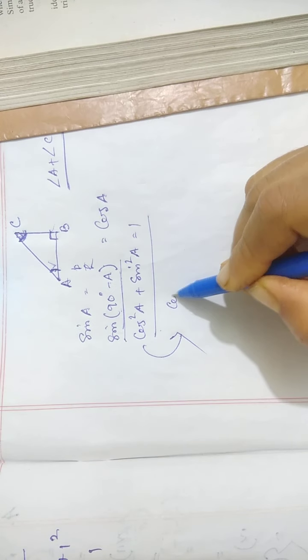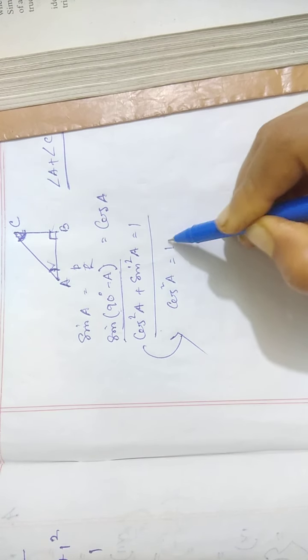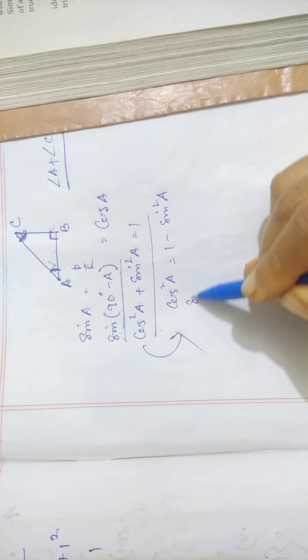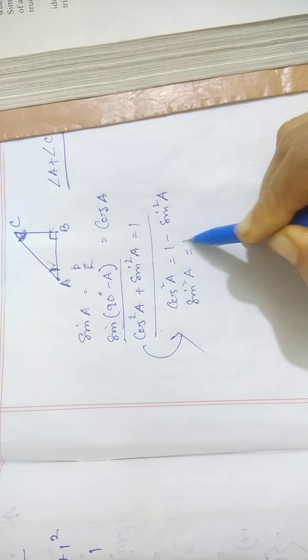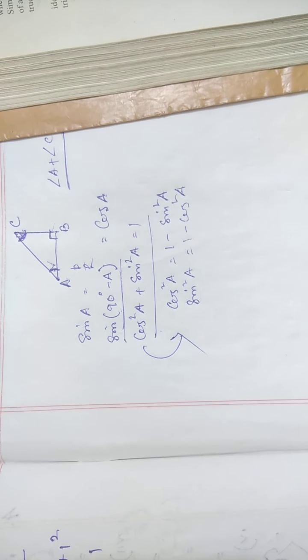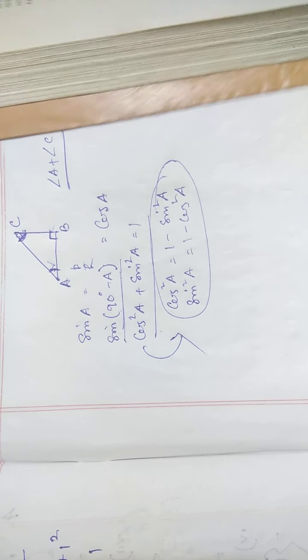See, cos square A equal to 1 minus sine square A, or sine square A equal to 1 minus cos square A. Like that, from every formula you can find other formulas. You have to find them like this and apply these formulas in the sums.